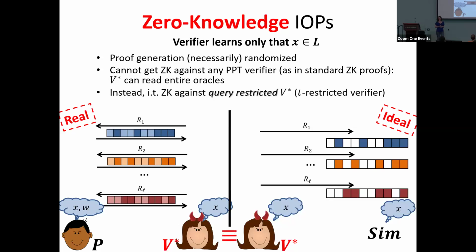Instead, what we want is information theoretic zero-knowledge against any verifier that could be malicious and computationally unbounded, but she's only restricted in how she accesses the proof. She can only access T symbols from the proof, and this zero-knowledge parameter T is a very important parameter of zero-knowledge IOPs. And if standard IOPs are motivated for the construction of succinct arguments, then zero-knowledge IOPs are motivated by the construction of succinct arguments that have black box zero-knowledge.